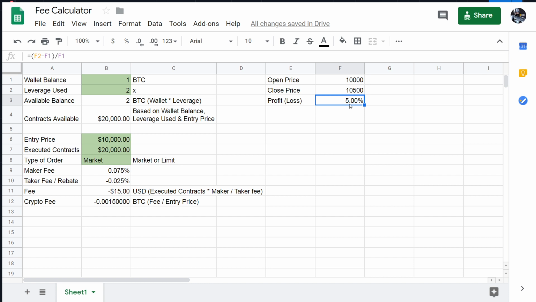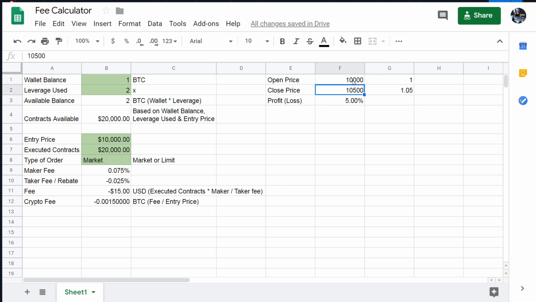So if you started with 1 Bitcoin and you had a 5% profit, you are going to be taking your 1 Bitcoin times, or really plus 5%, 1.05. So you now have 1.05 Bitcoin.